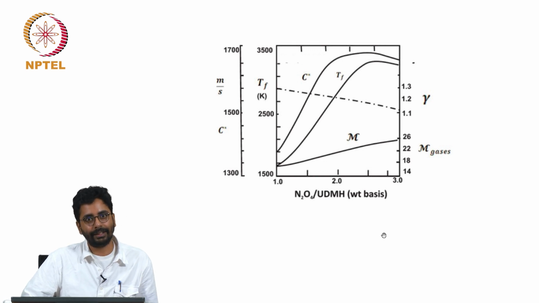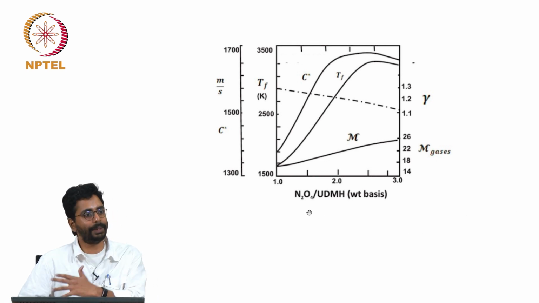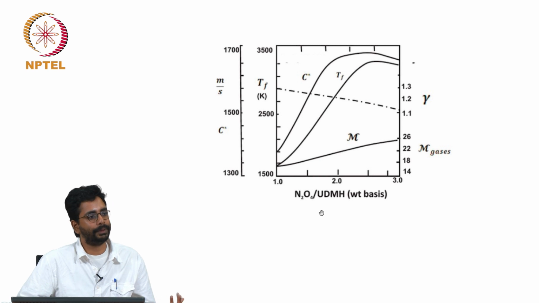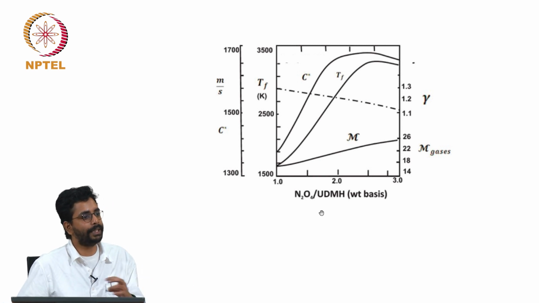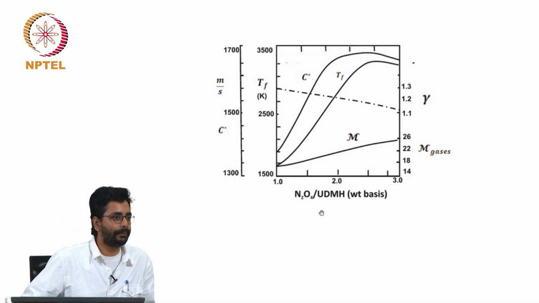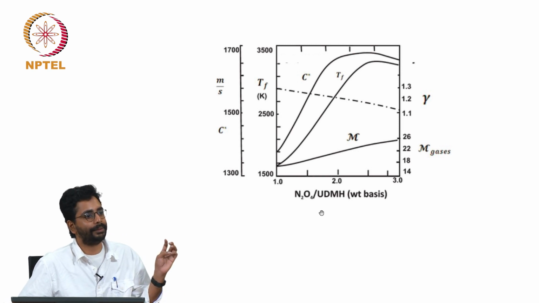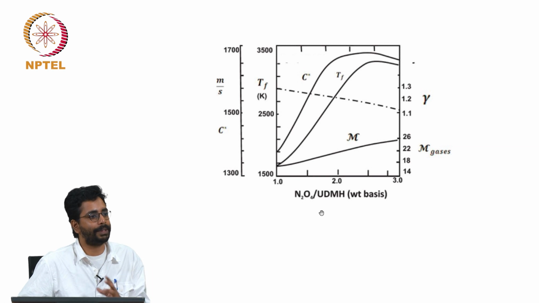Yeah, in the liquid rocket propellant literature, the variable that is used to specify the fuel oxidizer ratio is what is called the mixture ratio. It is the mass flow rate of the oxidizer divided by the mass flow rate of the fuel.